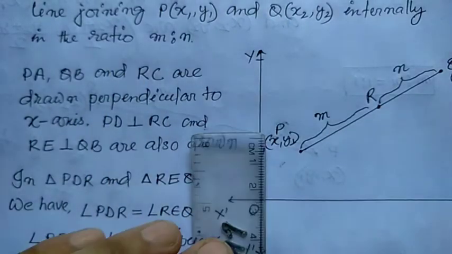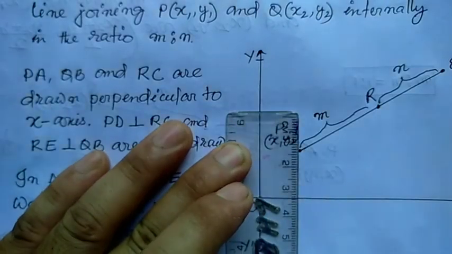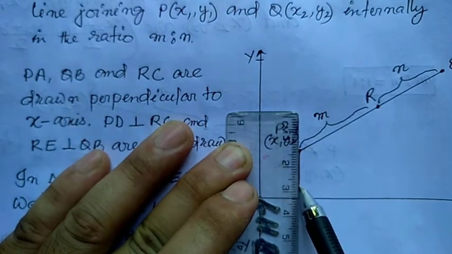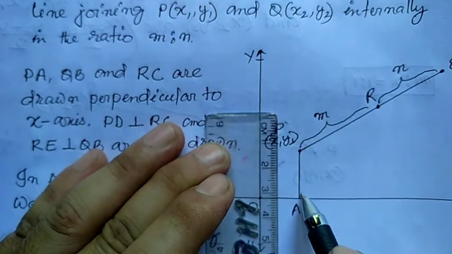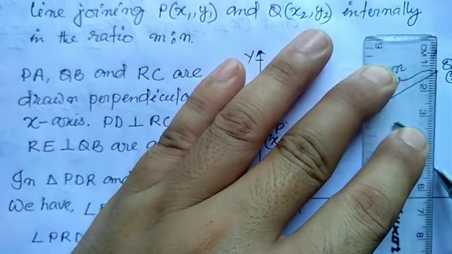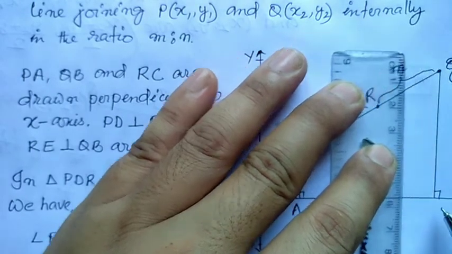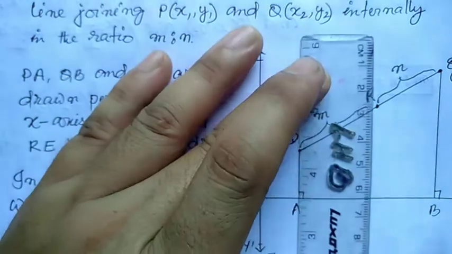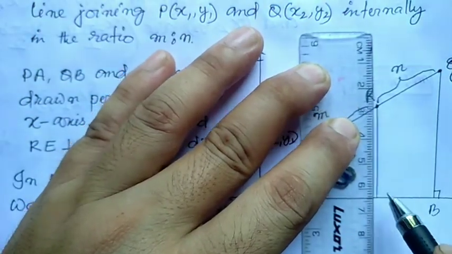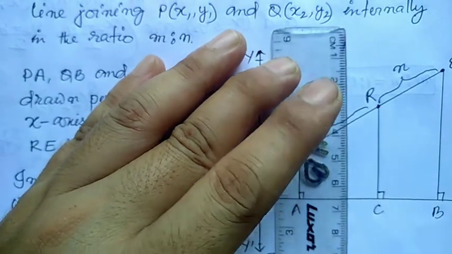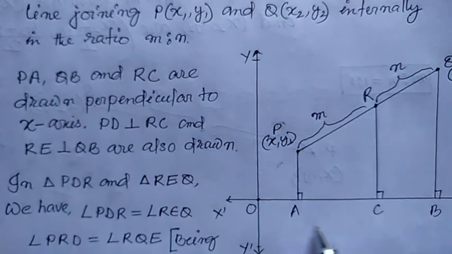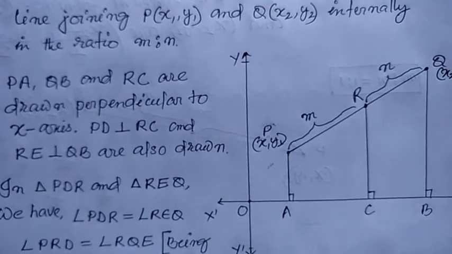From P we draw the perpendicular PA on the x-axis, then QB, which is also perpendicular, there is B, and RC. So we have drawn three perpendiculars from P, Q and R on the x-axis.